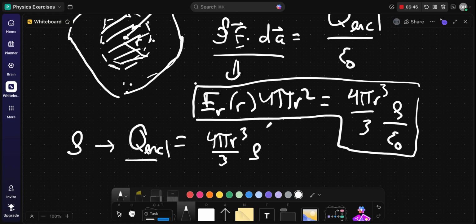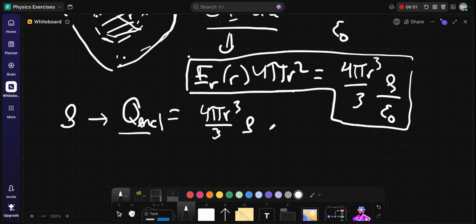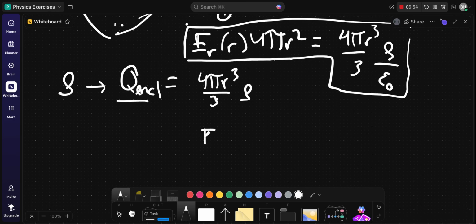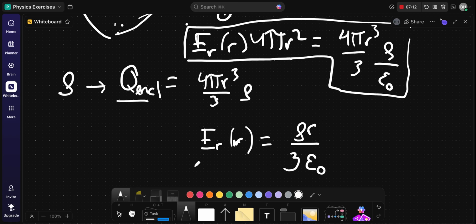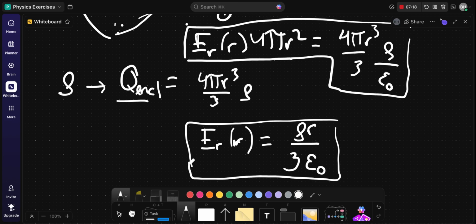We can cancel the 4 pi on both sides, and we can cancel some of the r's but not all of them, and our final result is the radial component as a function of radius, equal to rho r divided by 3 epsilon 0. This is the magnitude of the electric field if r is smaller than capital R. That's one important result that we are able to get.